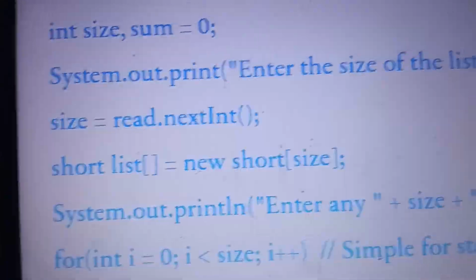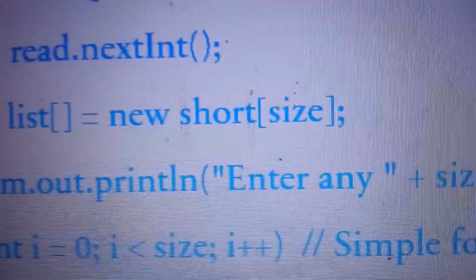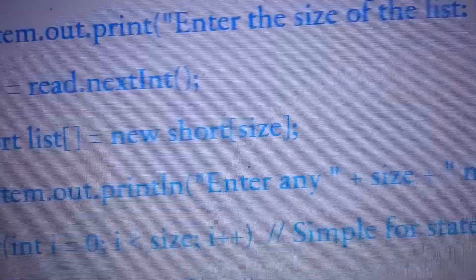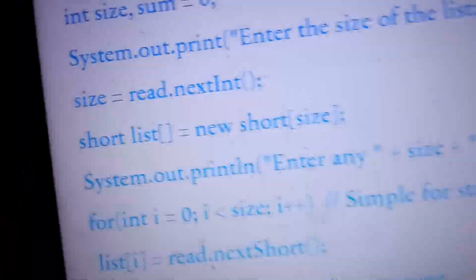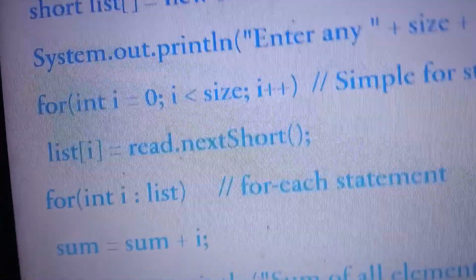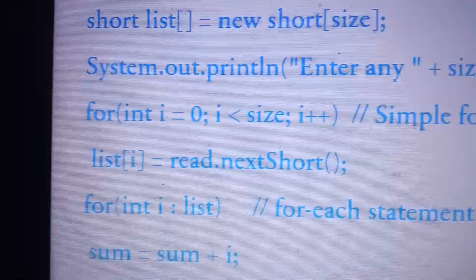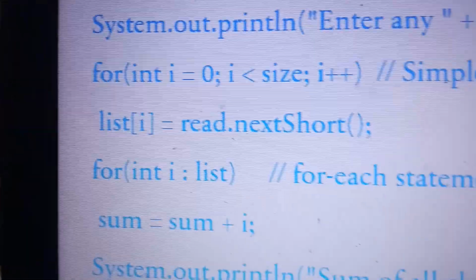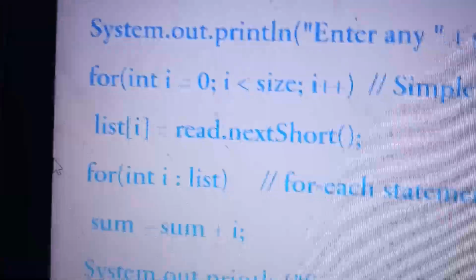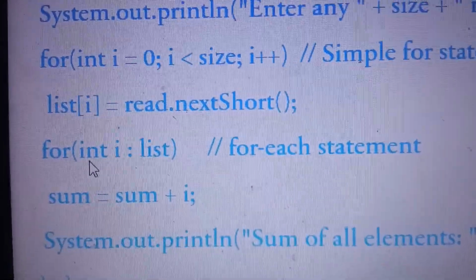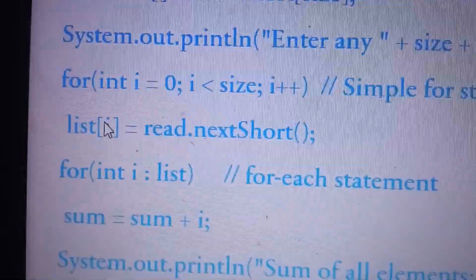Now list equal to new short of size. Then the size that you entered will be fixed as the size. Now we assign the values. Each value you entered is assigned to list of i. Please observe here: list of i.